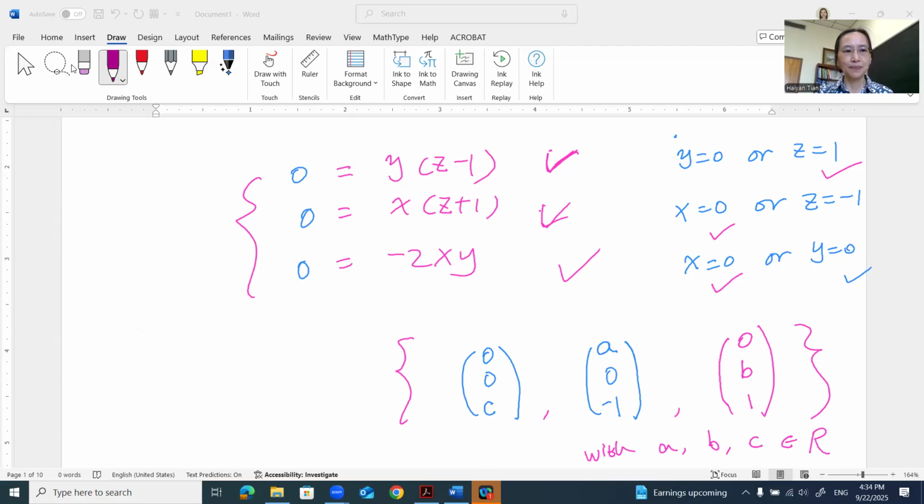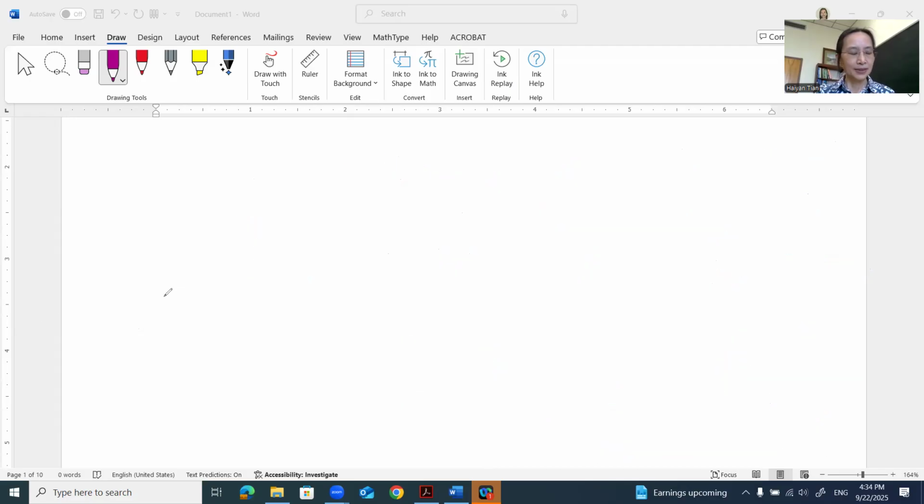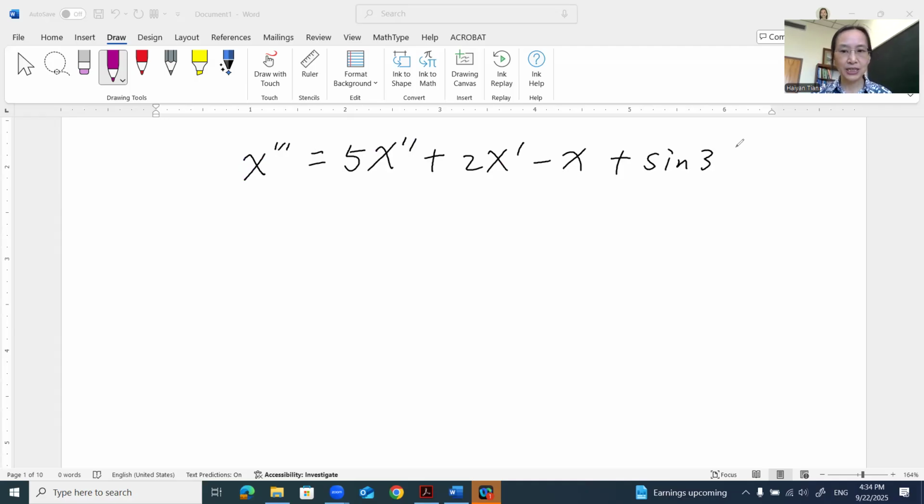So another problem given in the homework is the reduction of order. So if you have this problem I give, the third order derivative is 5x second order derivative plus 2x first derivative, sine 3t.